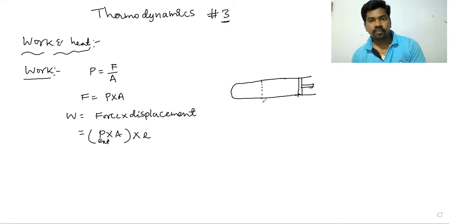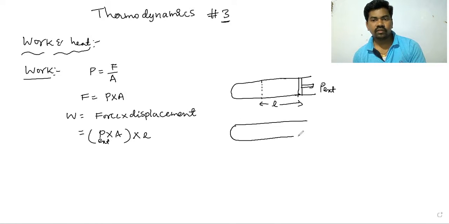This is the displacement. When we apply some external pressure P external on the piston, the piston will move a certain distance in the container. So it goes from V initial to V final.